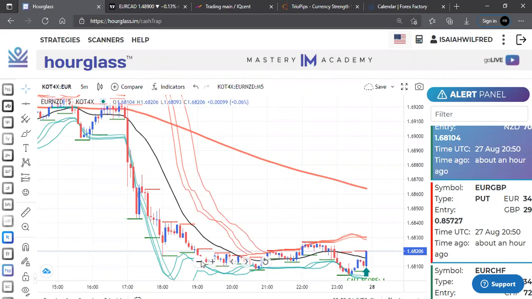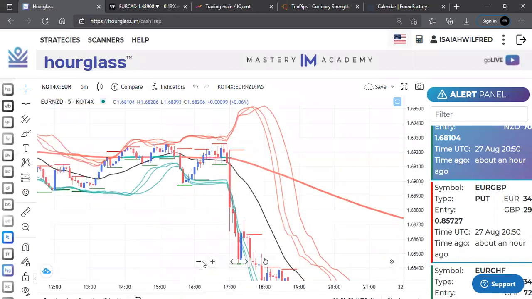Gift says sell. Tammy says put. Anita says put, sell, sell. Amazing. Now everybody understands. As far as the color of the EMA is red, I'm supposed to be selling.